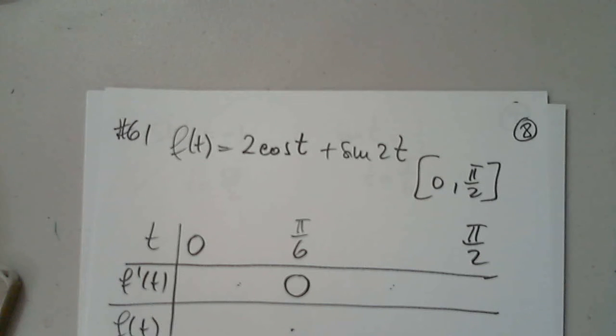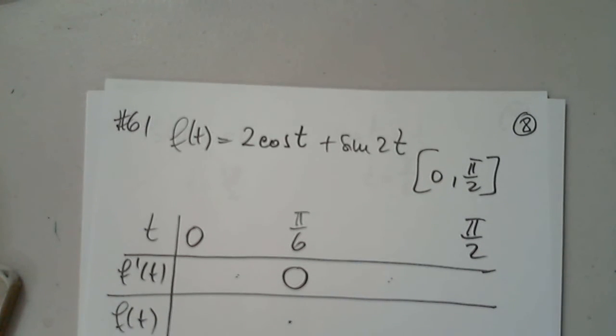That's the function. And now the derivative. The derivative was negative 2 sine t, and then plus 2 cosine 2t. So the first one is the function, the second one is the derivative.